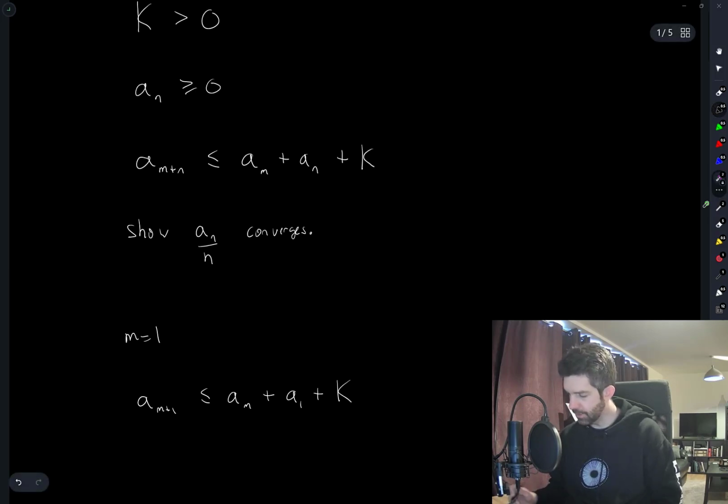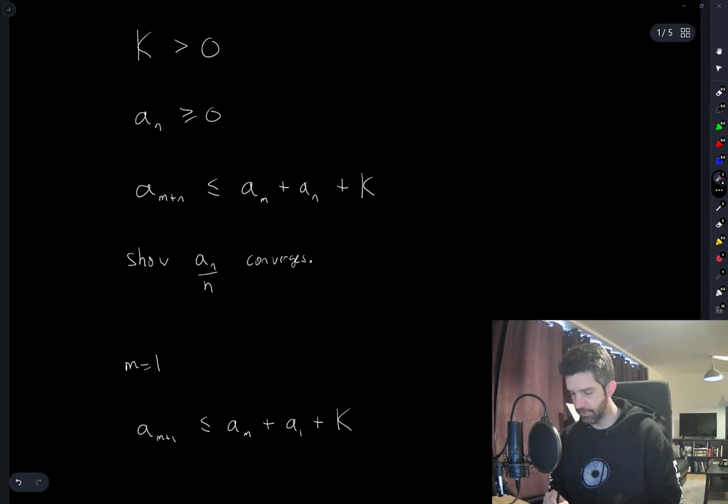Another thing I'm thinking is maybe if we assume that this does not converge, that means we can find a subsequence of a_n that grows faster than linear. And then maybe we could find a contradiction to this statement.